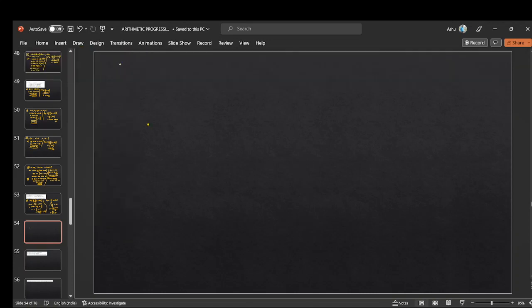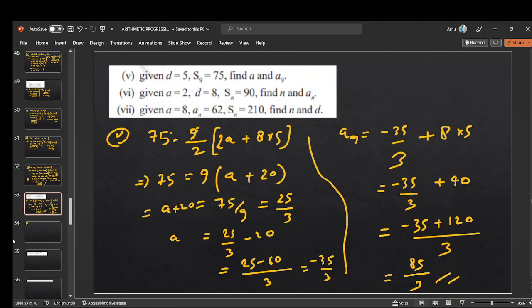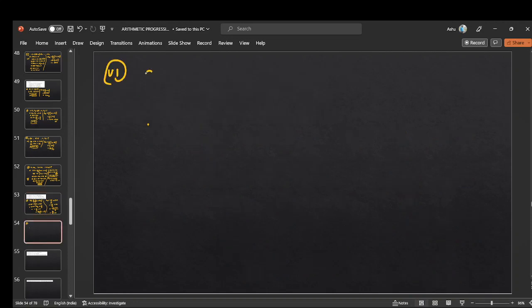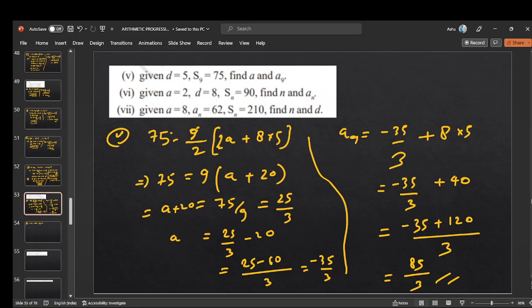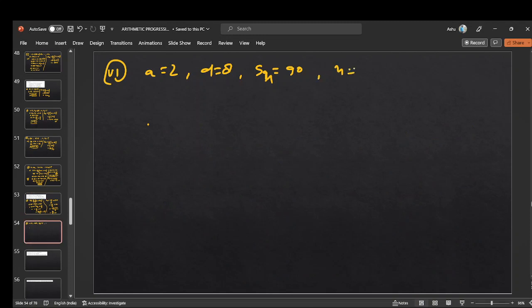Question number 6 is such that given A is 2, D is 8, Sn is 90. Clear? Now find n and an. What is the value of n? What is the value of an? That is our aim. Clear?